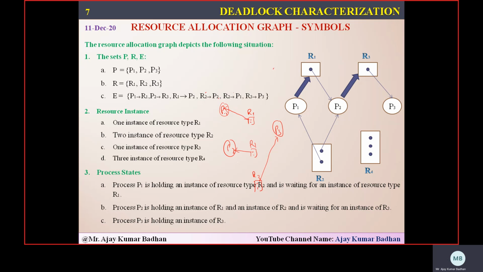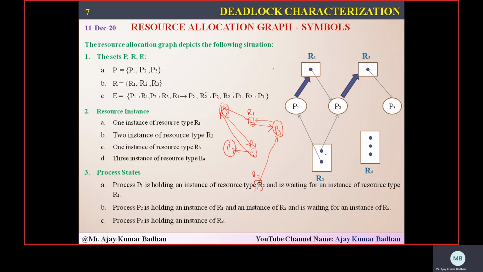Now, if P2 is requesting R2, there is already one instance available freely. Immediately that will be allocated to it. So you can see there is no deadlock situation. Suppose P3 has one instance and is requesting R1. Already one instance is free. Immediately that will be allocated to P3. So there will not be a chance of a cycle formation here.